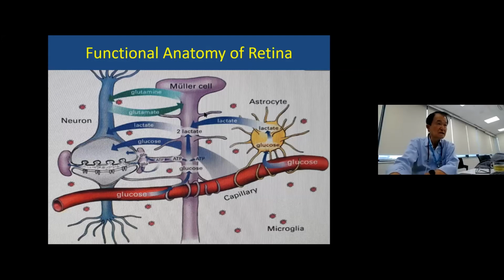So in the retina, it's so complicated, but you can see the capillaries. Capillaries and neurons here transmit a lot of nutrients, glucose, glutamate, and then lactate as well. Astrocytes receive the glucose, and metabolism produces lactate; too much or too little is a problem. All this energy is produced here.